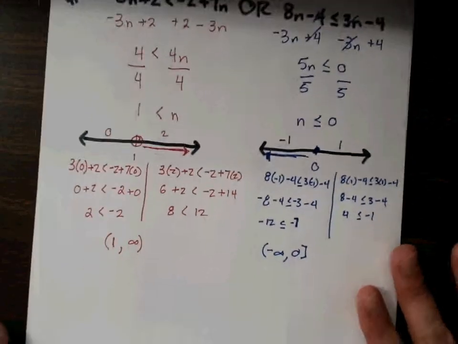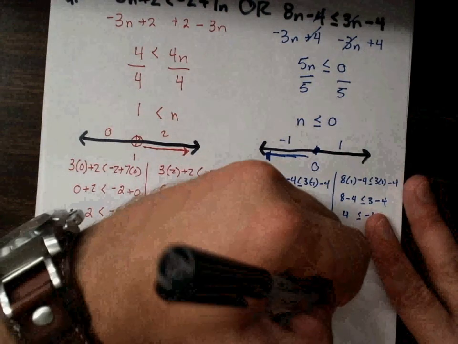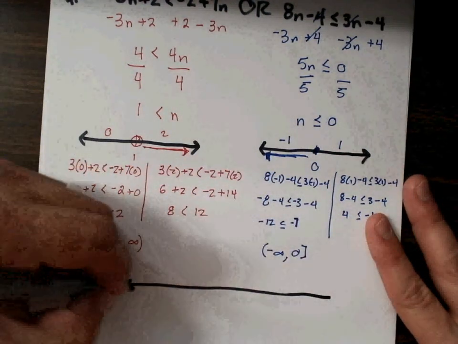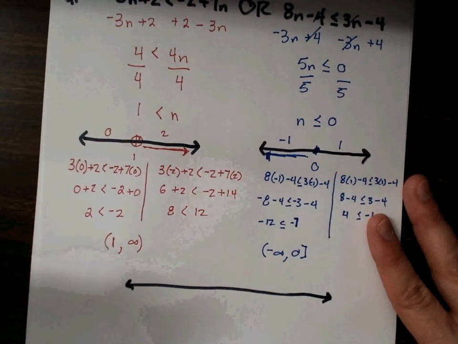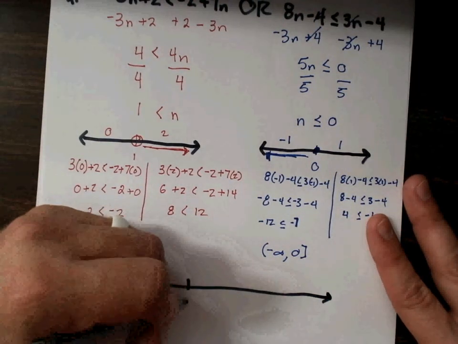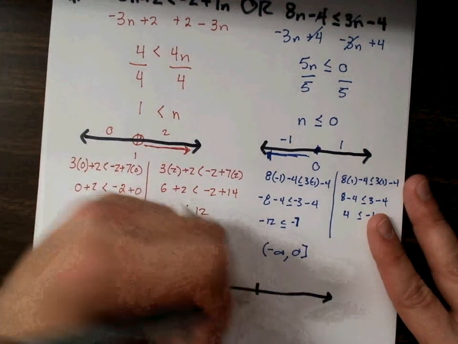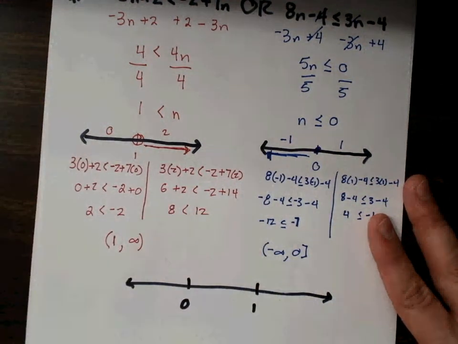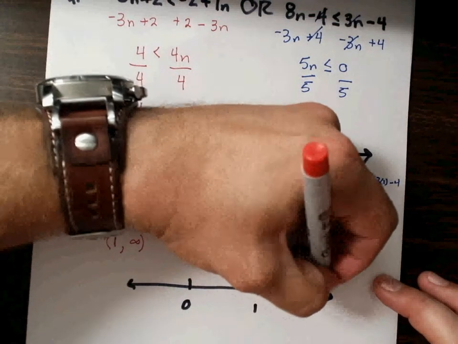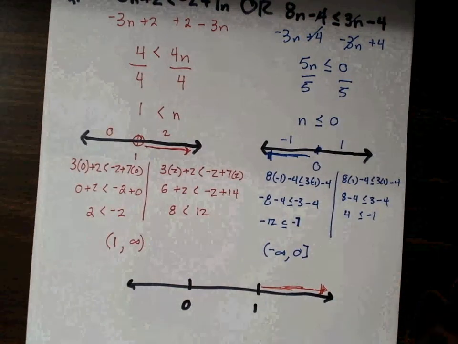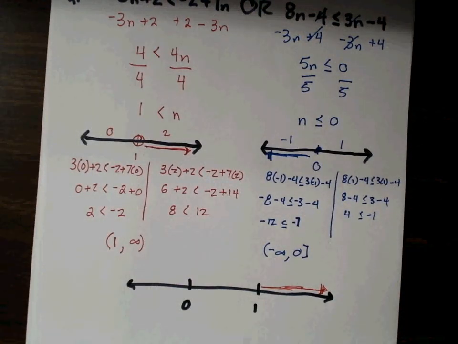Okay? Now that I've worked them separately, I can put them on the same number line. And I know that my solutions were 0 and 1. Okay? My 1 ran that way.